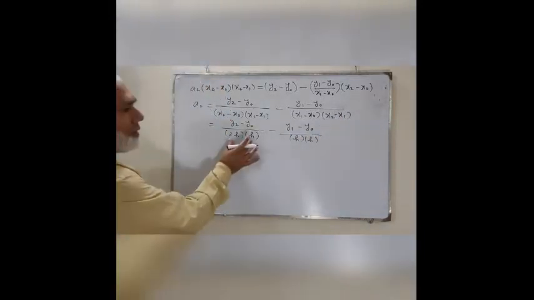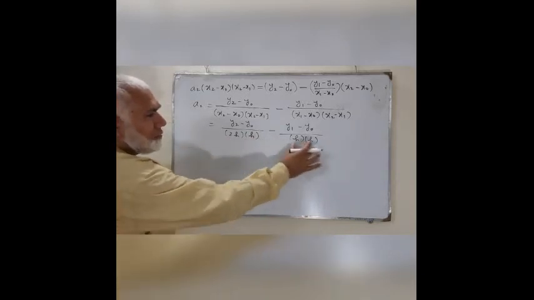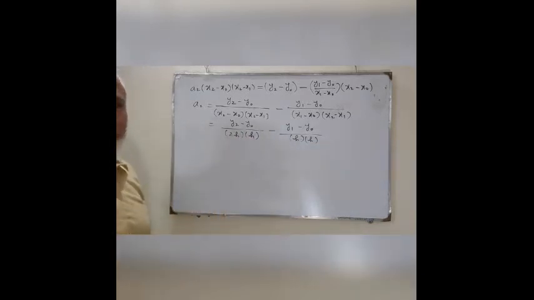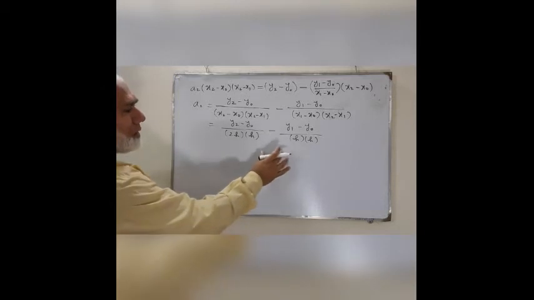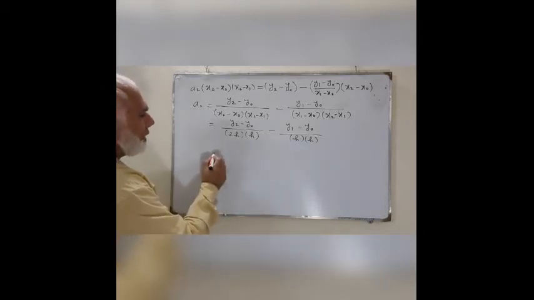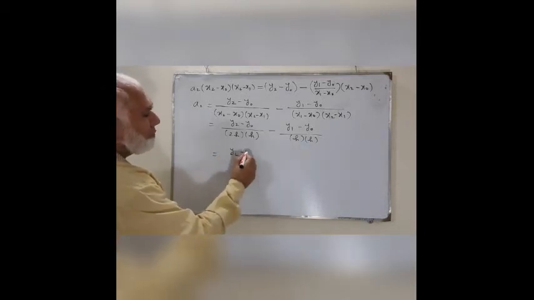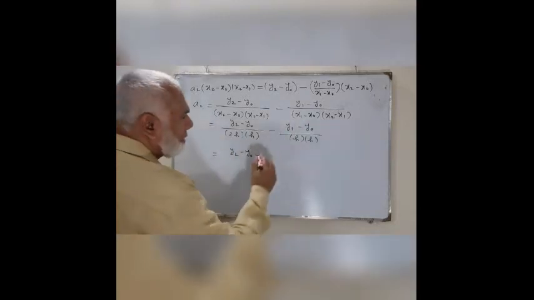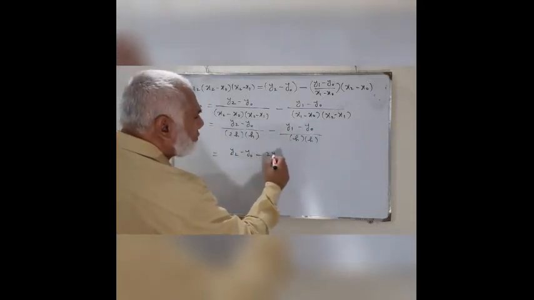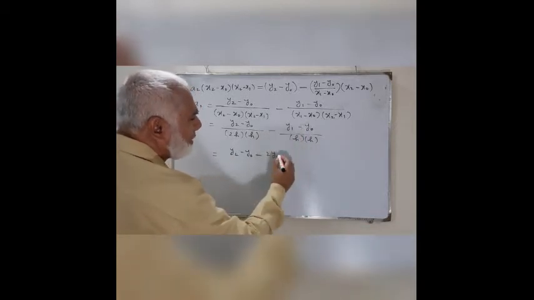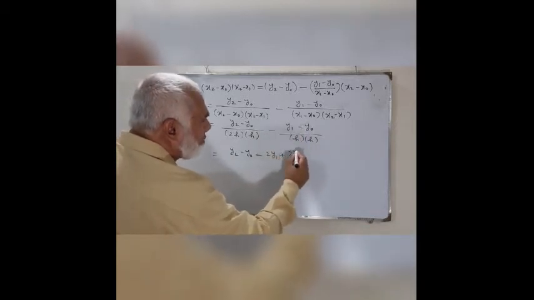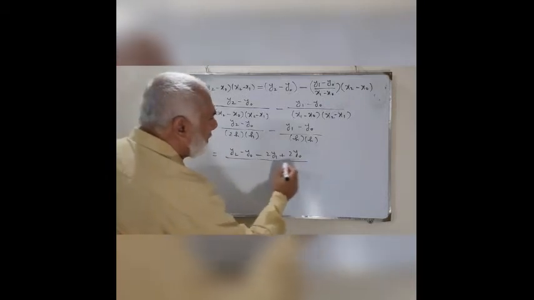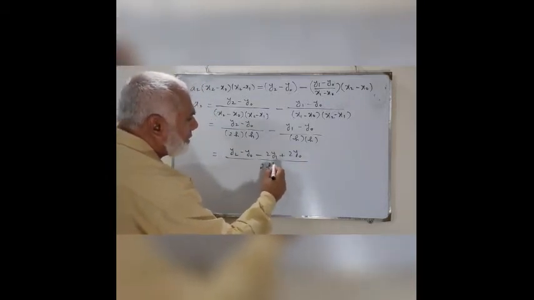So here you can see the LCM of these two terms is equal to 2 times h square. On taking the LCM and simplifying, we get y2 minus y0 minus 2 (which will come from here and take the product with these terms) 2y1, and along with this minus sign it changes, so plus 2y0, whole divided by 2 times h square.